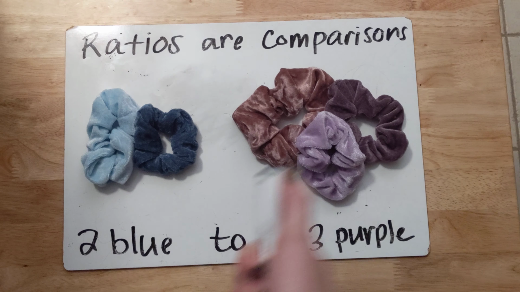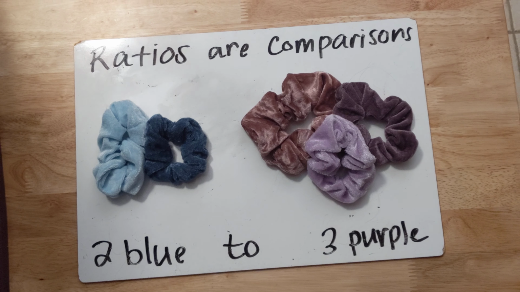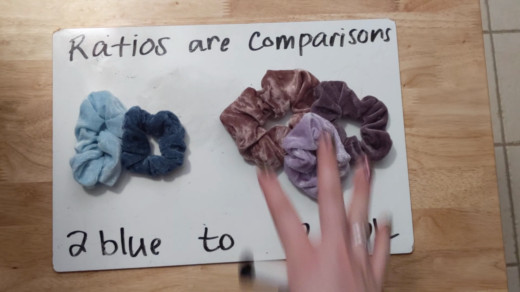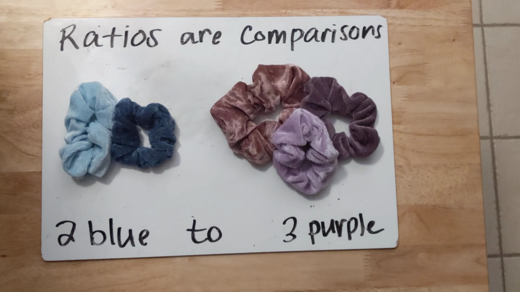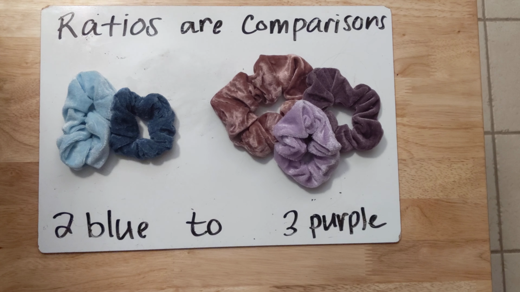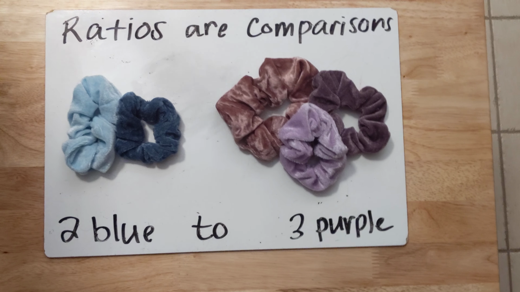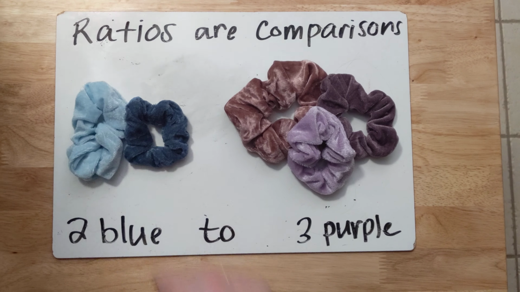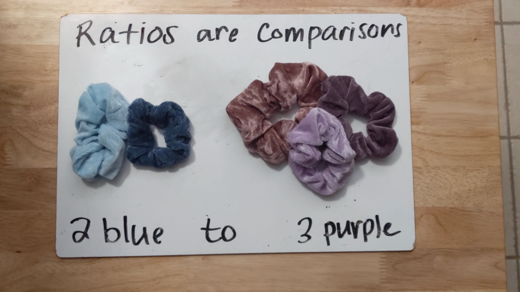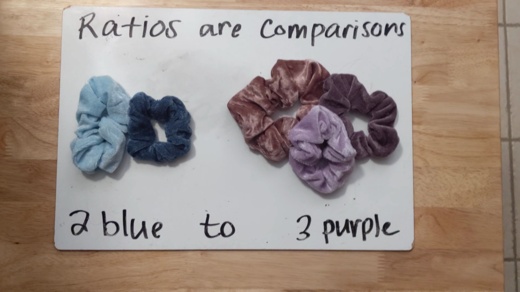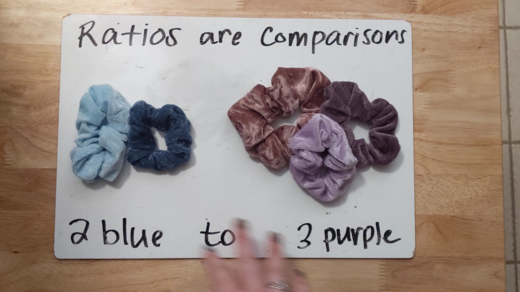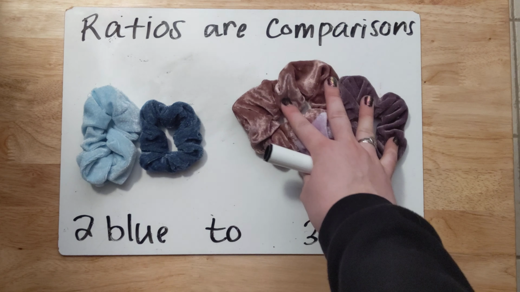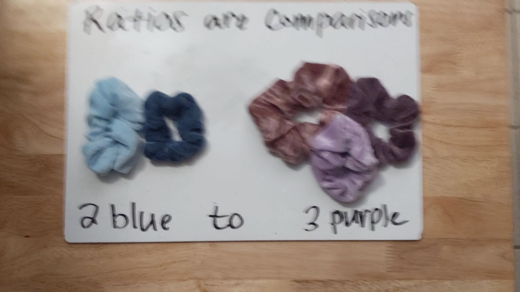Now this is a part-to-part ratio because I'm comparing part of my scrunchies that are blue to part of my scrunchies that are purple. If I wanted to write a part-to-whole ratio, otherwise known as a fraction, I would say I have 2 blue out of 5 total. Okay, so that's what a ratio is. That's all it is. It's a comparison. It's a relationship. Okay, so 2 blue compared to 3 purple.